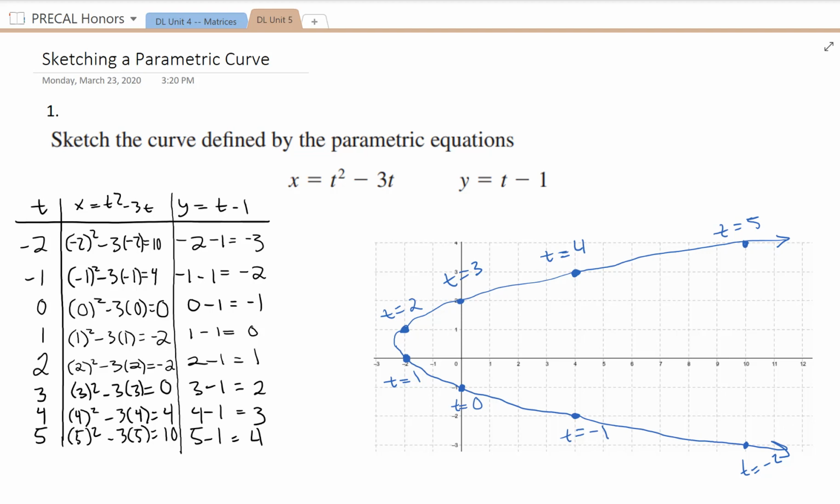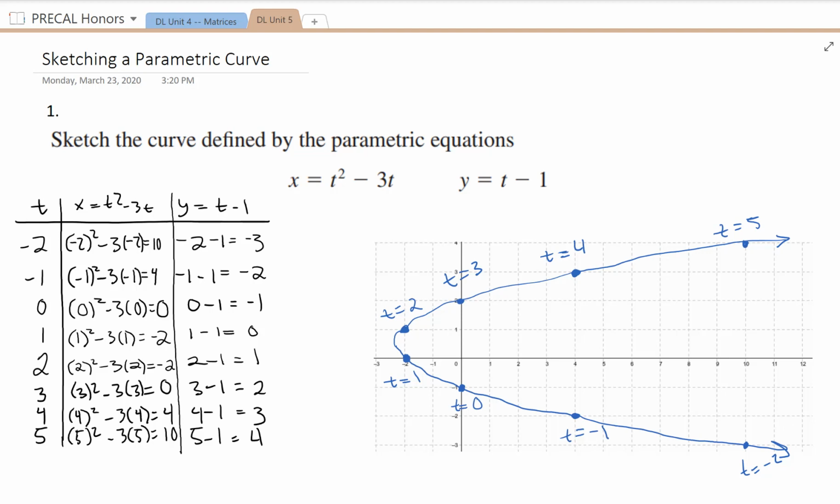But parametric equations don't just give you those points, they give you the order in which you trace those points. Many math problems call it particle motion, a particle moving along a curve. They use parametric equations to show the direction and the speed in which you trace out this curve, which is cool. It gives you more information.